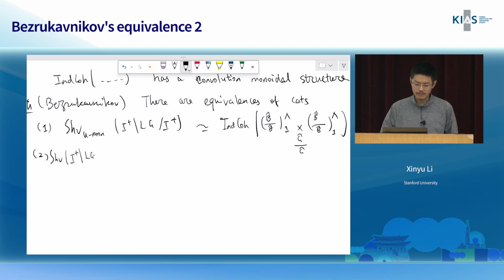As I said before, there are certain variants of both the automorphic category and the spectral categories. They all fit into certain equivalences.